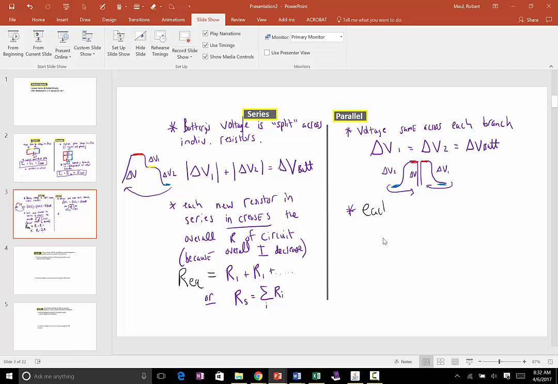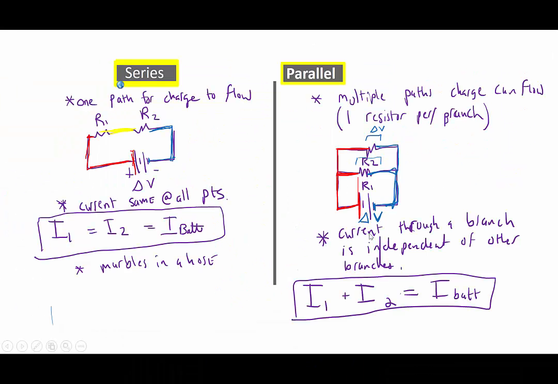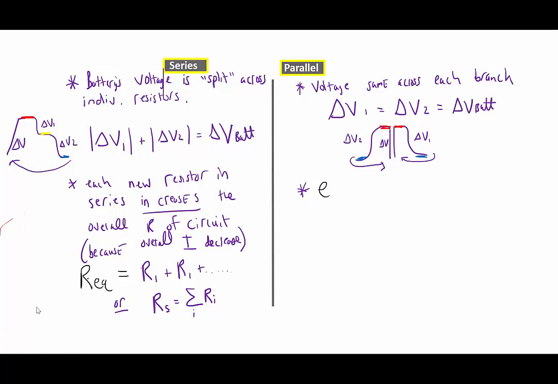So I'm going to write on here: each new resistor in parallel decreases the overall resistance in the entire circuit.